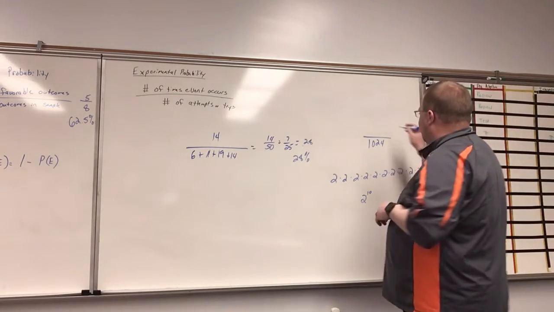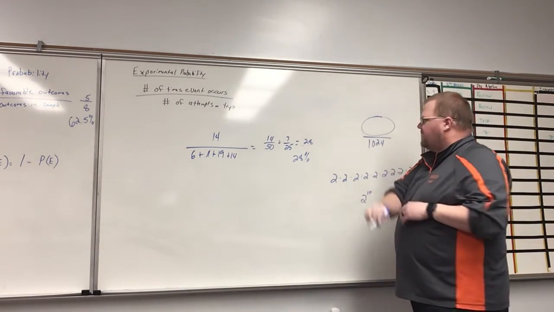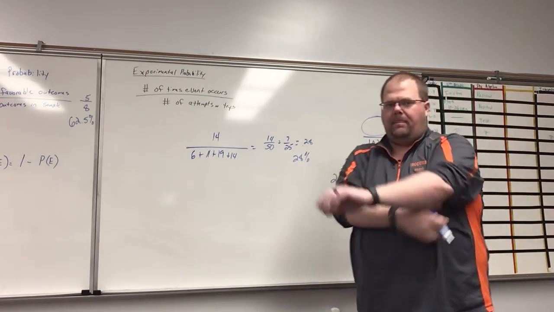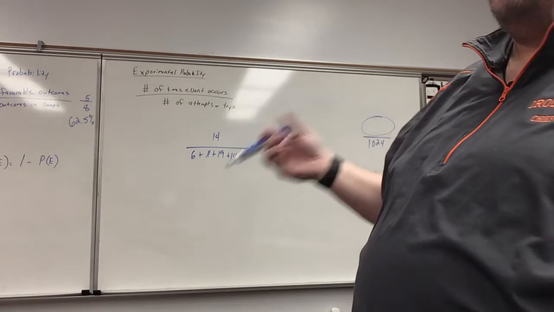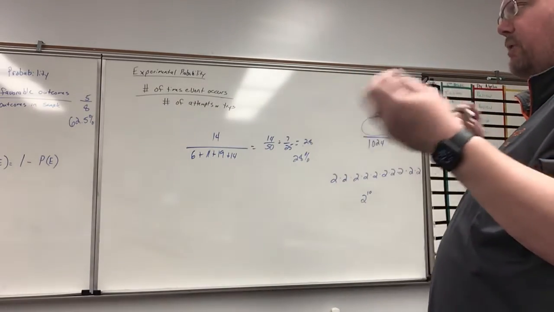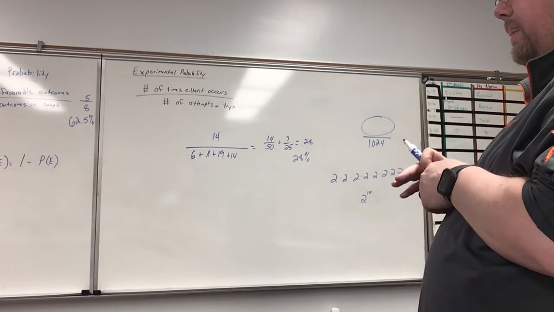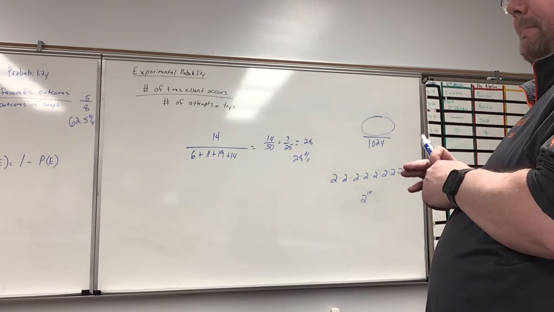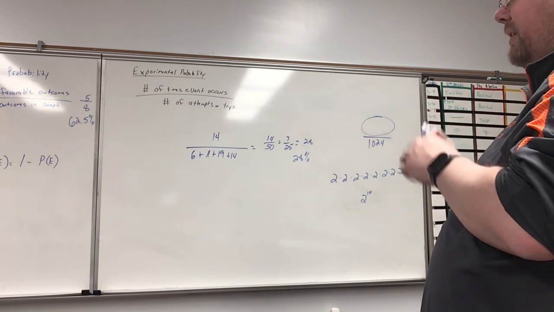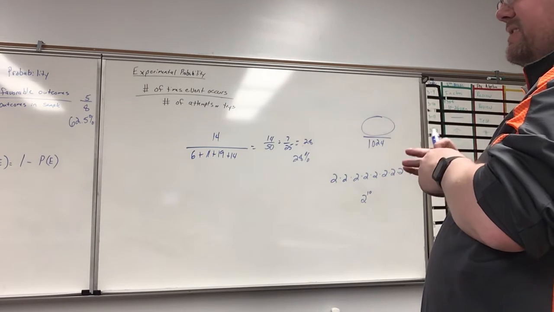Your job is to figure out the number that goes here. Since there are 2 possible outcomes of each one, what's the likelihood of getting 7 of them? I'm hoping that'll give you some help. I'm hoping that'll help you a little bit with this section.